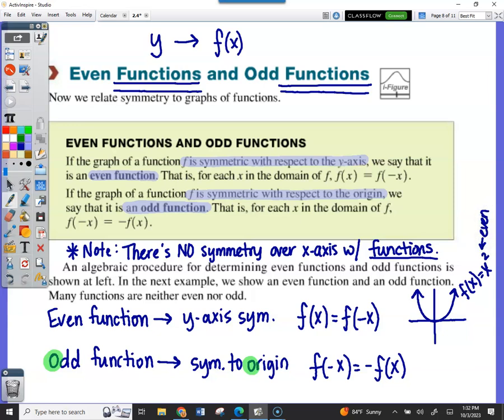Even. What do you notice I can flip it over and I have the same graph? The y-axis. That's how I remember that even functions, for example, quadratic has an even power, can flip over the y-axis and it's the same graph. And then I remember odd and origin start with O. You with me?